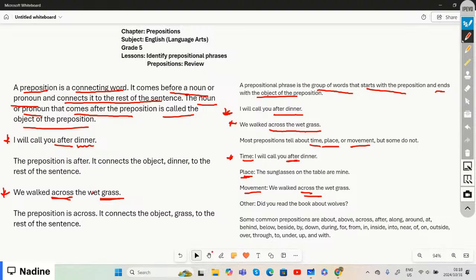It comes before a noun or noun phrase or pronoun, and it connects it to the rest of the sentence.